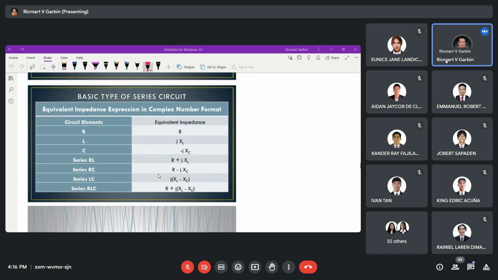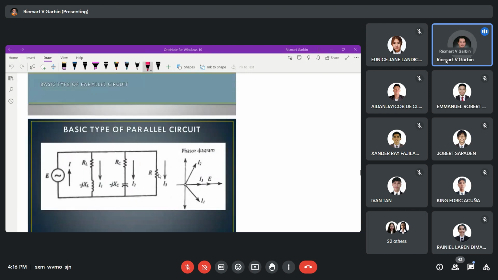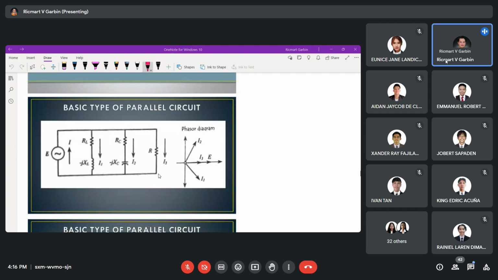Now, paano naman daw kapag ang ating circuit are connected in parallel? So, if we have here the voltage source, of course yung current natin na dadaan dyan, yung total current natin, pagdating niya dito sa node na ito, maghihiwalay na yan.